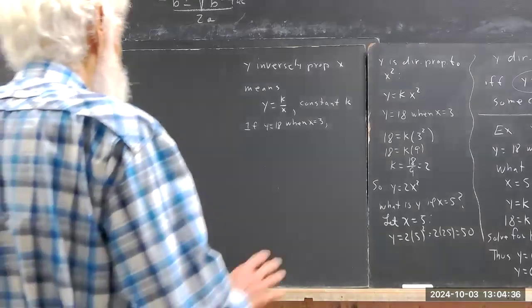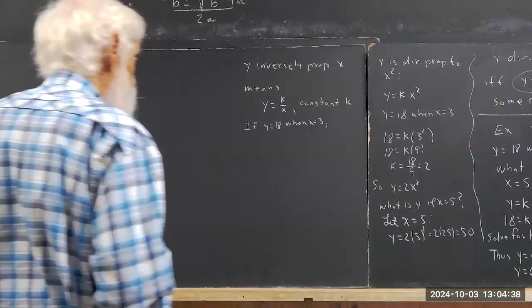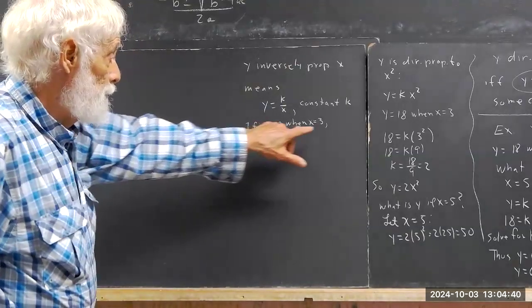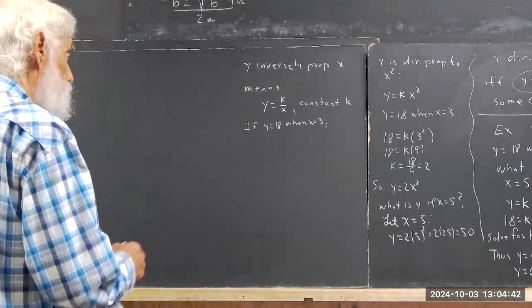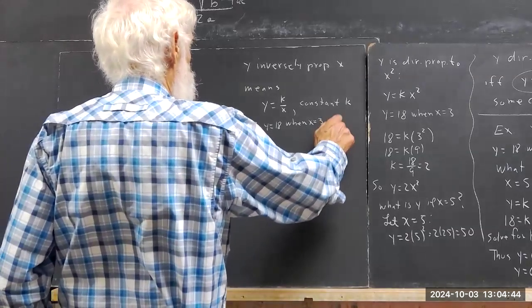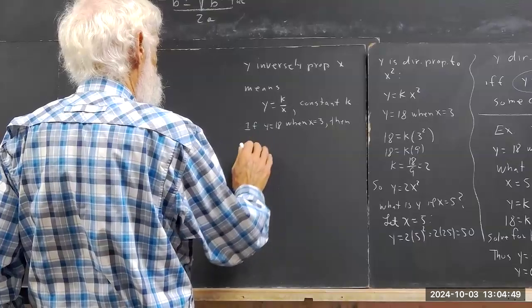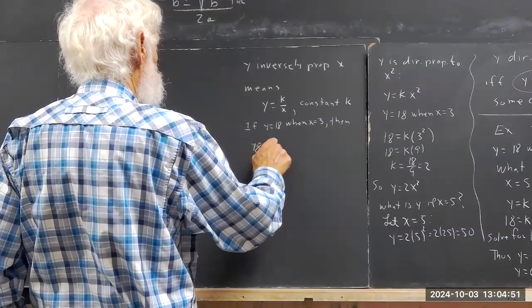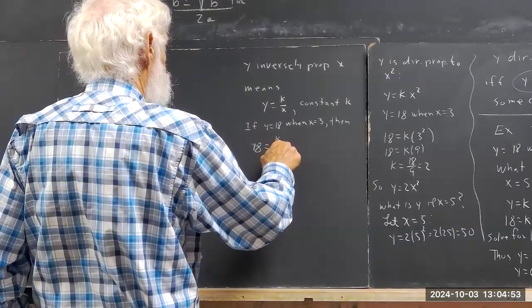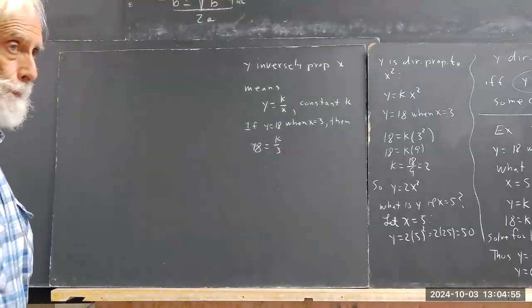I couldn't see everybody's work, but it's all close, and it looked pretty good. Y equals 18 when x equals 3. So 18 equals k over 3.